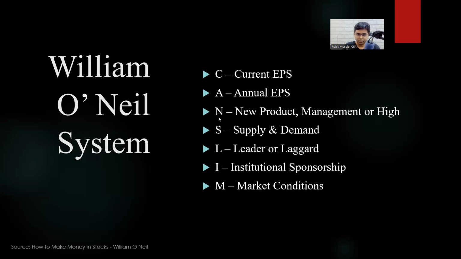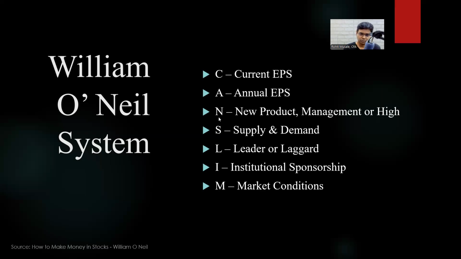N is new product, new management, or new high. To determine whether the company has launched a new product or whether new management has taken over the company, you can use things like ChatGPT, because ChatGPT is something which can look for information for you rather than you going to Google.